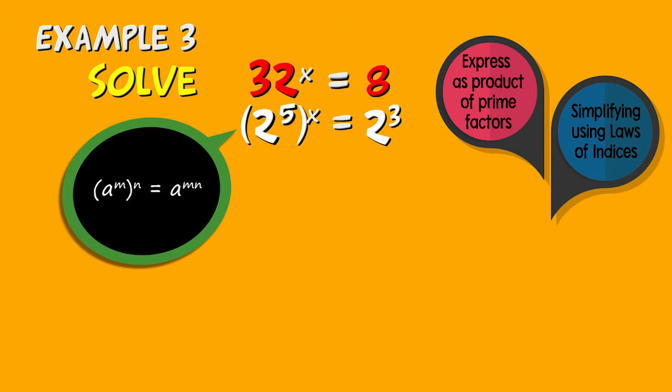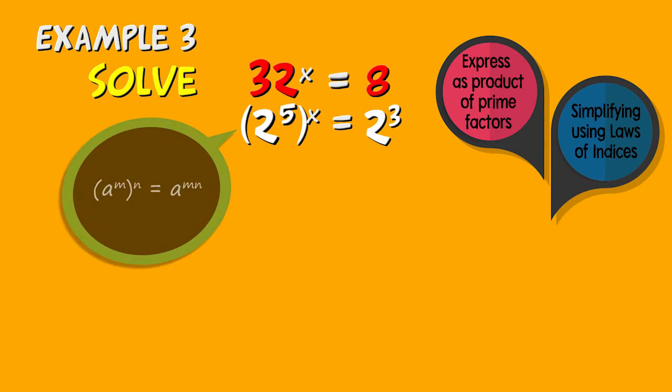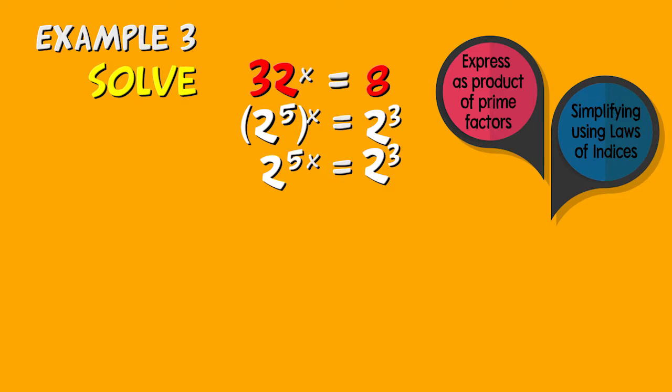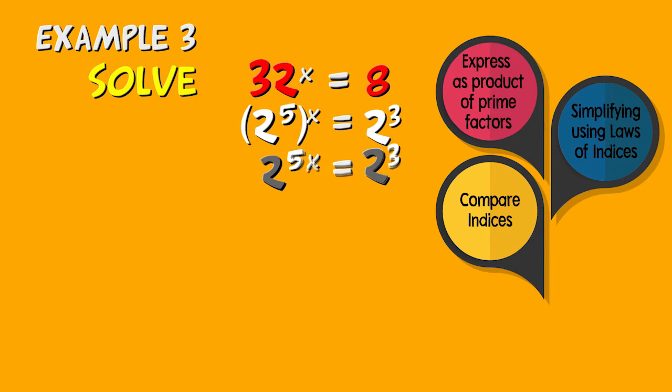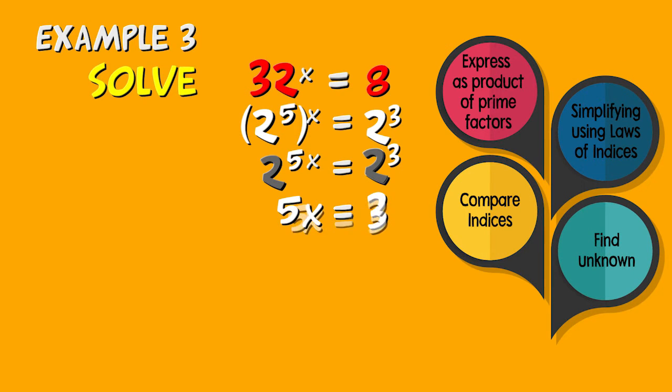Applying this law of indices will give us 2 to the power of 5x equals 2 cubed. Can you see that the bases are the same now? In this case, 2. Thus, we can compare the indices to get 5x equals 3. And finally, we get x equals 3/5.